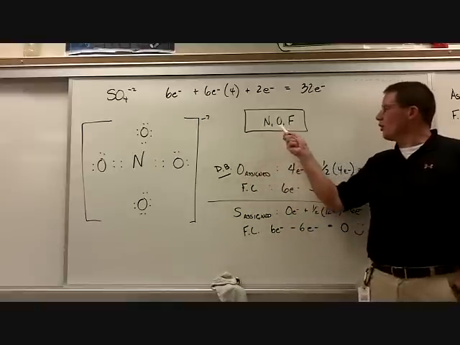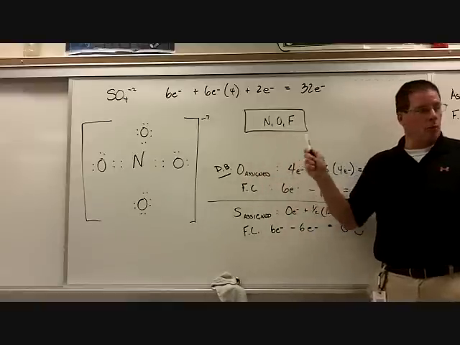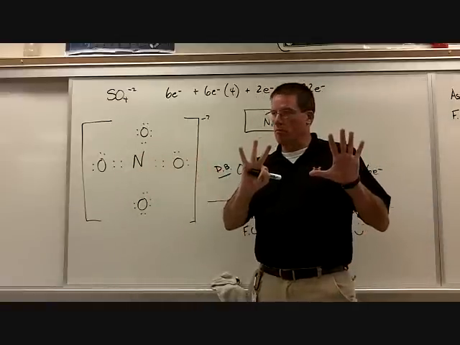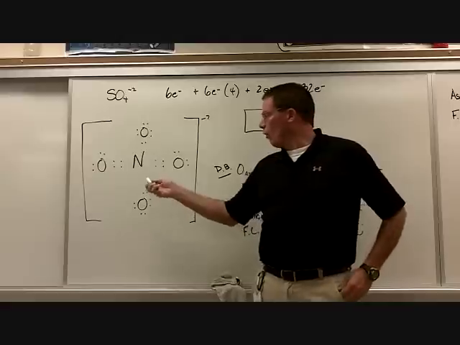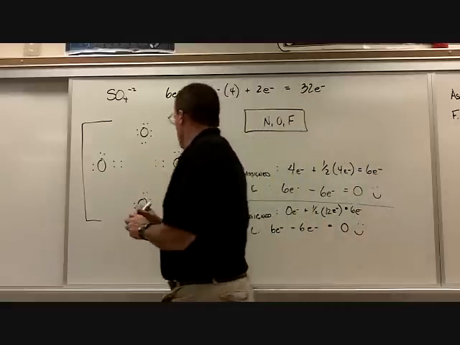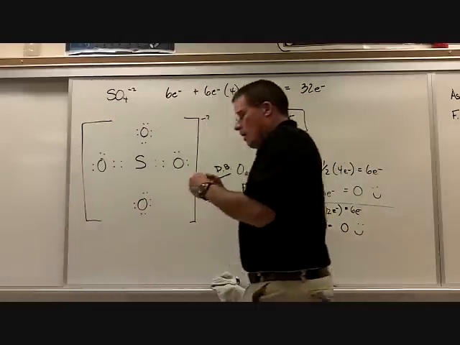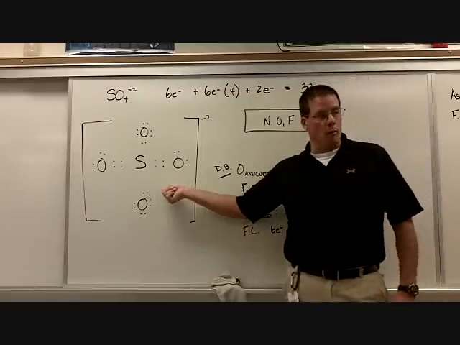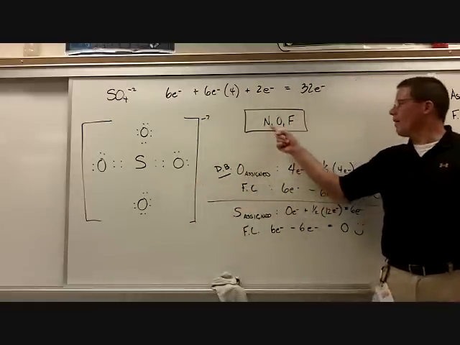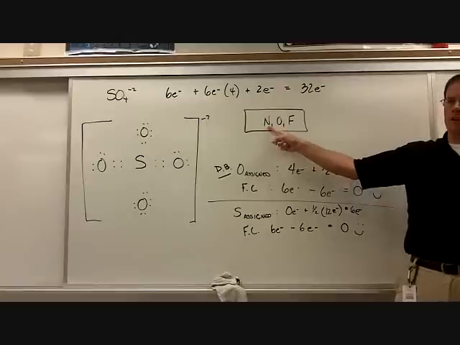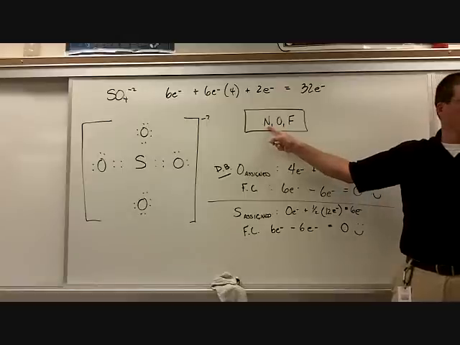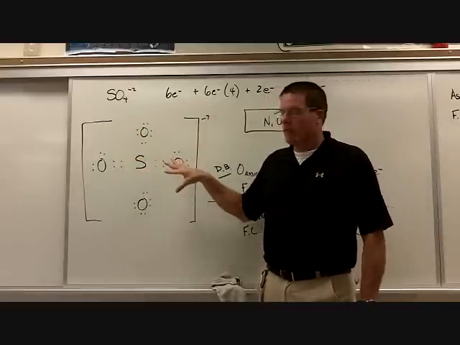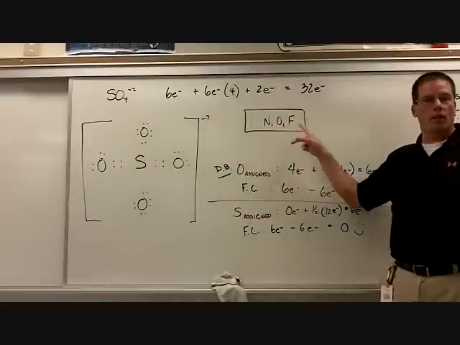So when you look at nitrogen, oxygen, fluorine, the maximum number of electrons they can have as a central atom is 8, an octet. Sulfur can drop electrons in the s orbitals, the p orbitals, and d orbitals. They only have access to s and p since they're in the second energy level. So most of the time, formal charges will work out great, and they'll work out sometimes with these guys too.